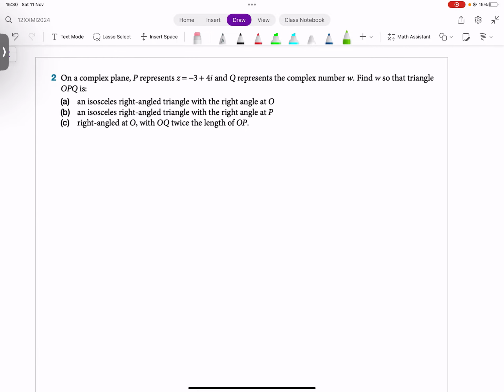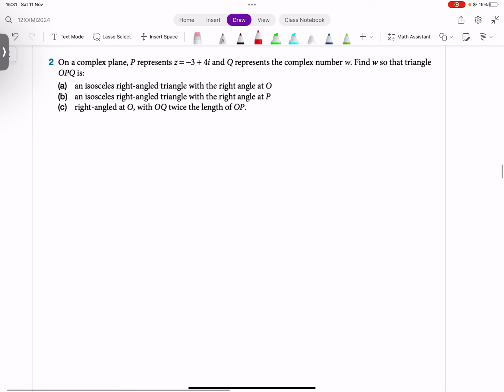Question number 2 says, on the complex plane, P represents z equal to minus 3 plus 4i, and Q represents the complex number w. Find w so that the triangle OPQ is an isosceles right-angled triangle with the right angle at O. Okay, might have a go at drawing this. Have a go at drawing a complex plane.